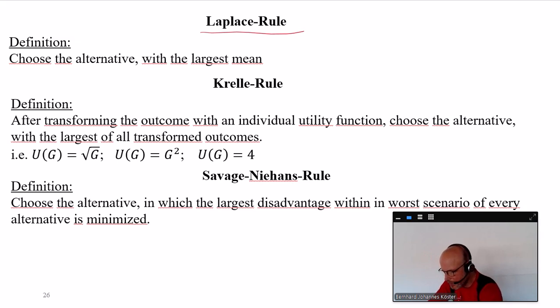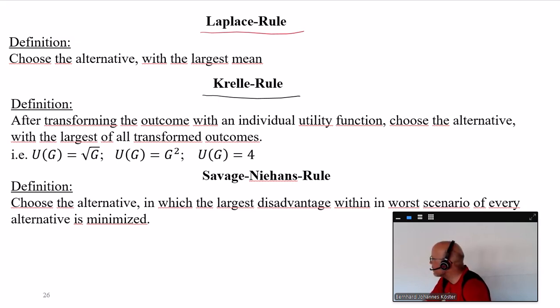Laplace. Mr. Krelle, in the beginning of the 20th century, I think, yeah, this in the end, then you know from microeconomics that somehow we say, well, what matters is not the number of euros which I have, but what kind of utility I give this number of euros.